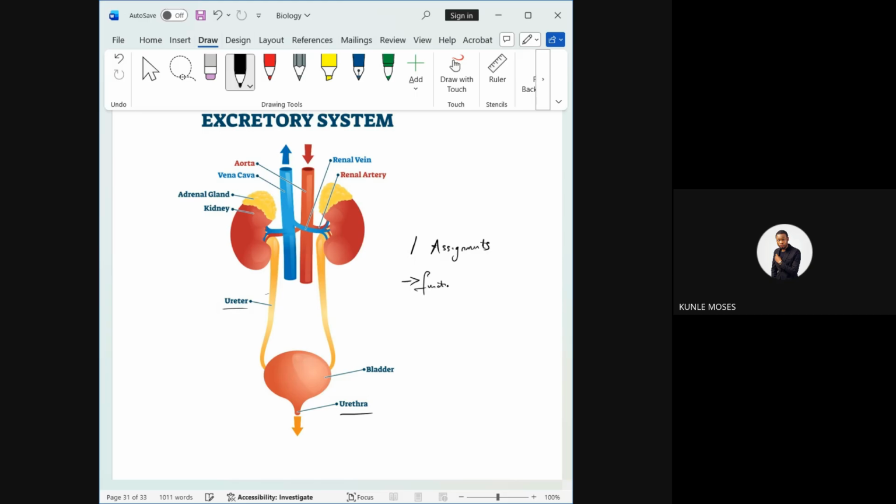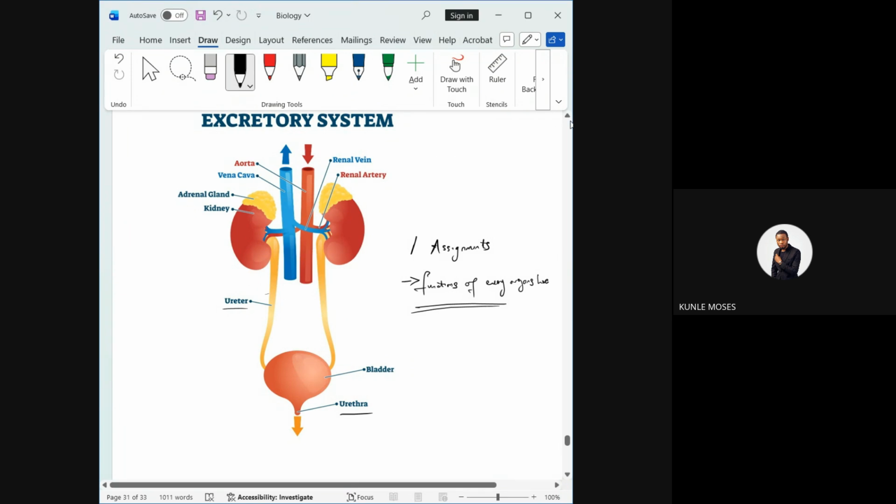I just want us to quickly finish this class so that we can do some past questions. Make sure everybody, please, can you all hear me? Go and study this diagram, the excretory system, and know where every organ belongs.